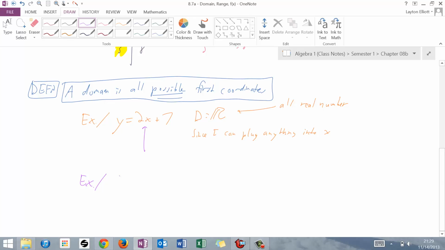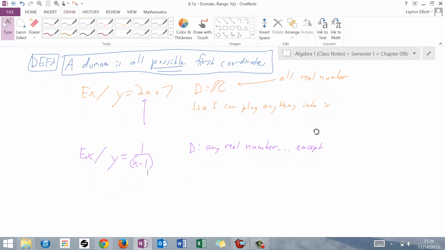So what about operations that I can't do to any number? Well, here's one. y is equal to 1 over x minus 7. Its domain would be any real number, except the one number that if I were to plug into this denominator would make that denominator 0, because the cardinal rule in math is you cannot divide by 0.